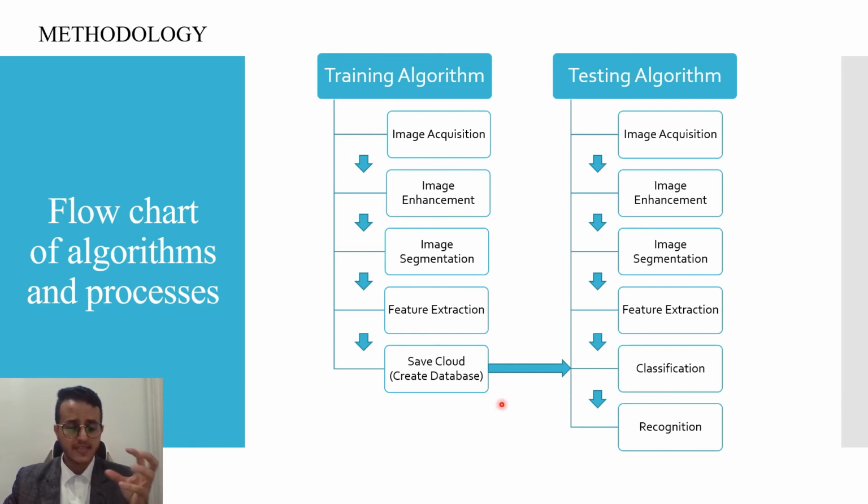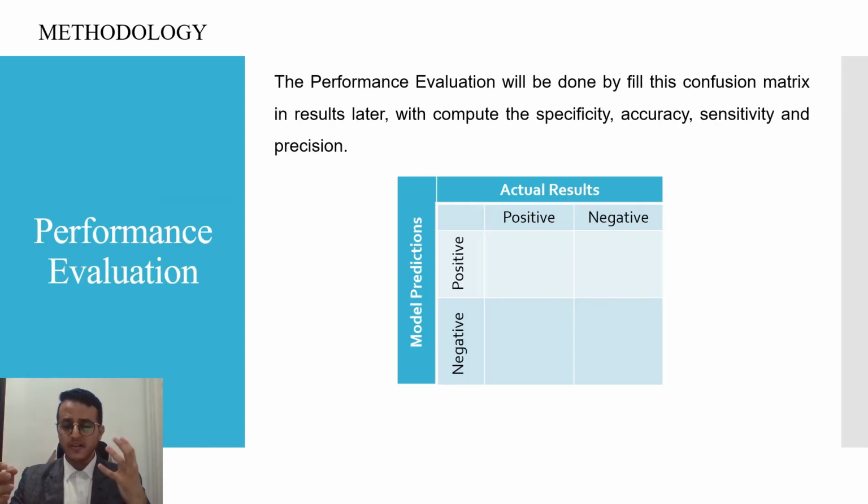After that, the images or the data will be saved to transfer to another algorithm, and this algorithm is the testing algorithm, also done by these 4 steps, and this data will be transferred to classification for recognition in the end. The performance evaluation will be done by filling this confusion matrix with results later, in the next semester.